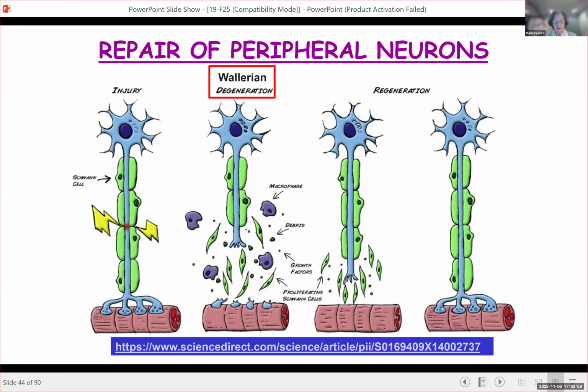So one thing in Alzheimer's is to regenerate the neurons. Here is to repair the axon. So it's two different problems that are very hard.